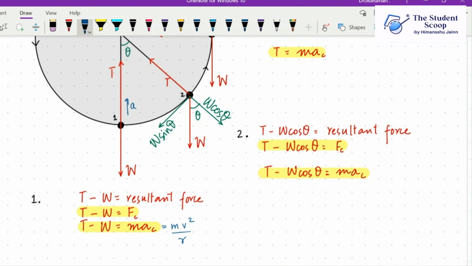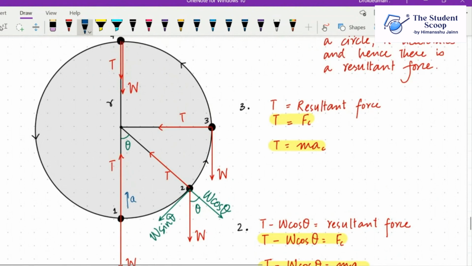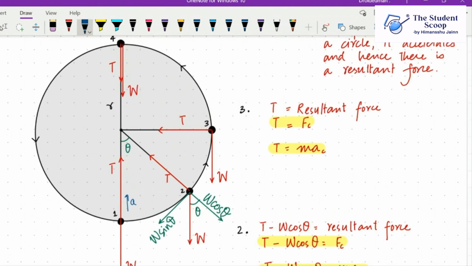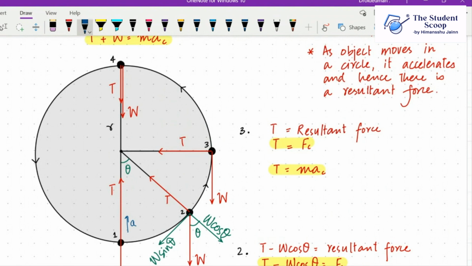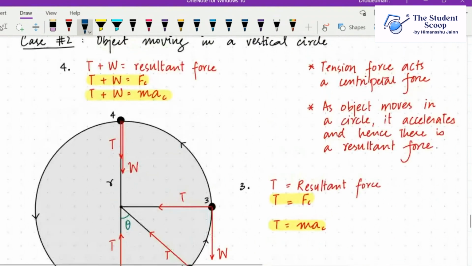Okay. At a random point, we can see that the weight is this, tension is this. So if we take the component of the weight, W cos theta, the resultant force is T minus W cos theta. Then the resultant force at point 3 is just tension pointing toward the center.